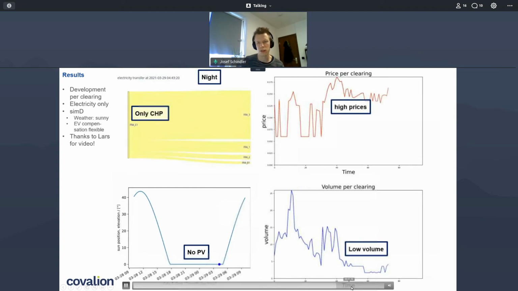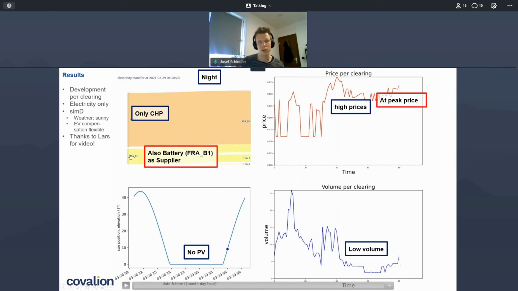I will skip a little bit of this because nothing happens here. And in the end, we also have again a battery as a supplier because there is a peak price, and then the battery price is accepted again.